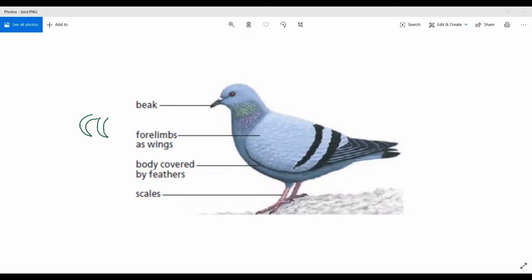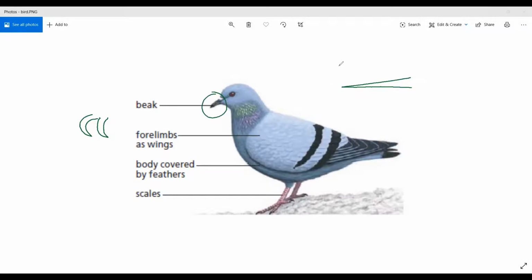Now, all the birds, of course, have a beak, and this is a modified mouth, or modified jaws. The beaks differ according to the kind of feeding, or what the bird eats. Sometimes the beak is very long and needle-shaped like this. It means that this beak is to pierce plants, for example.